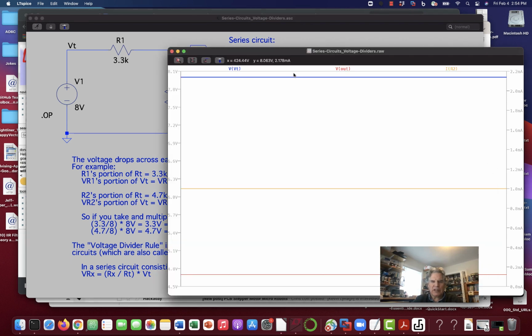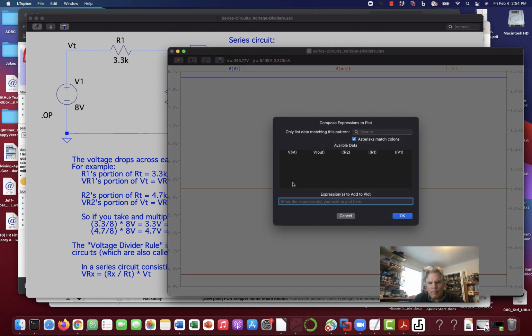If you want, we can add a trace here. Add traces. We have VT and V out, but we can make up an expression.